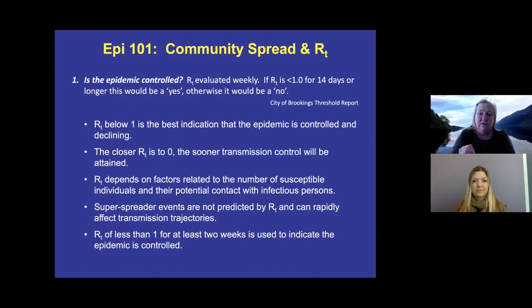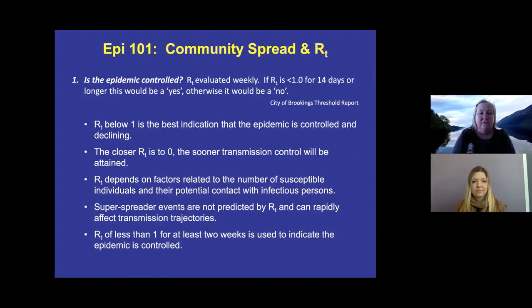It really needs to be combined with other things, one of those being the level of community spread. If your RT is below 1, it's the best indication that the epidemic is controlled and that the number of cases is declining. The closer RT is to 0, the sooner the control will be obtained.